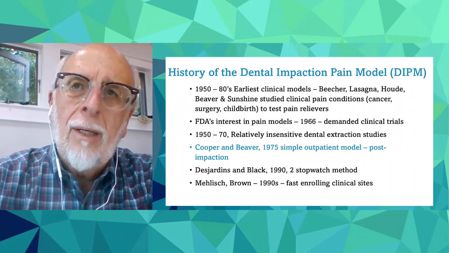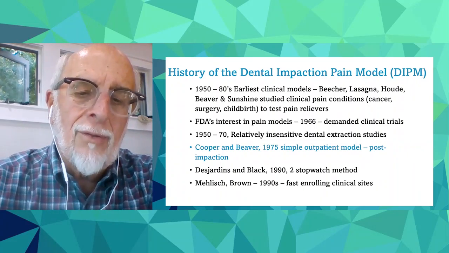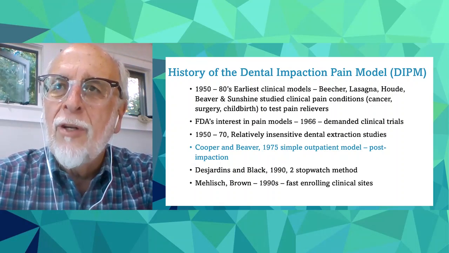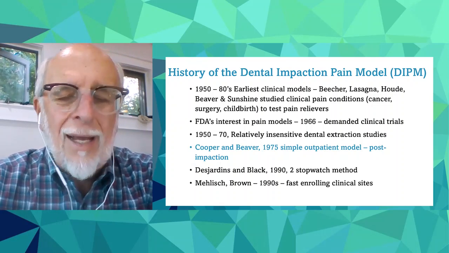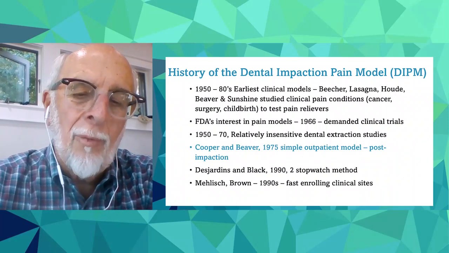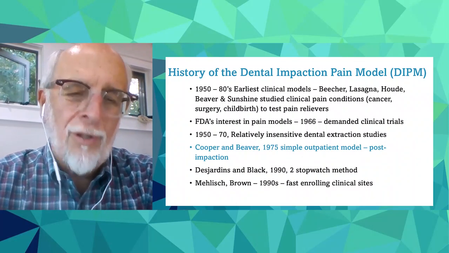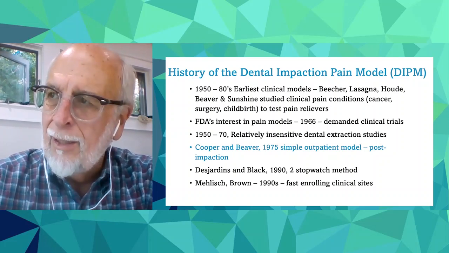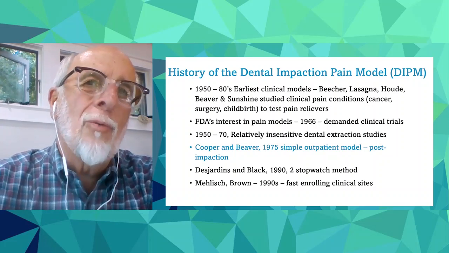And what we saw in those studies that were being done at Georgetown in outpatients was that if patients had bony surgery, if these teeth were impacted and bone had to be removed, that was a much more sensitive trial, and those studies could be done fairly quickly and relatively easy to recruit.